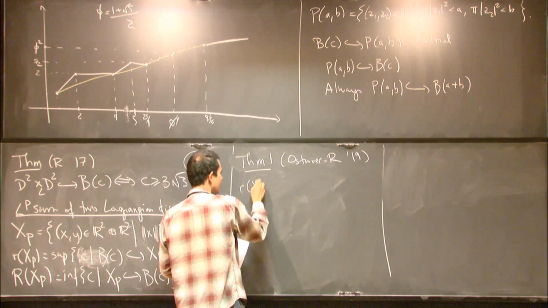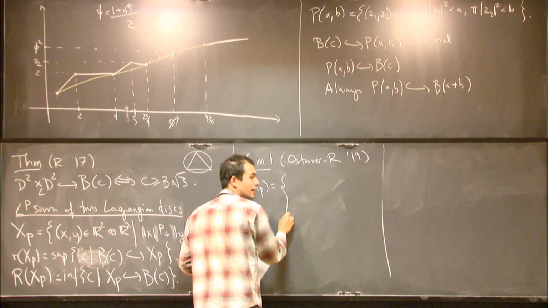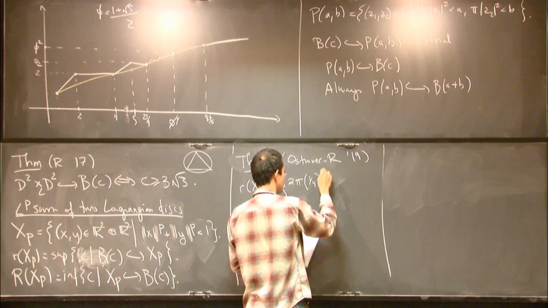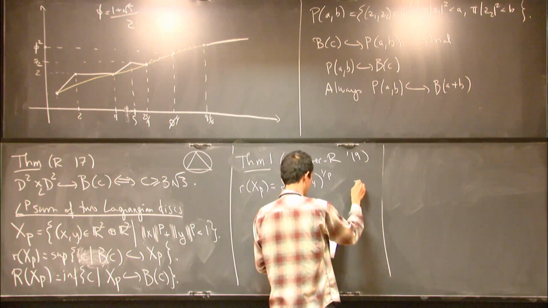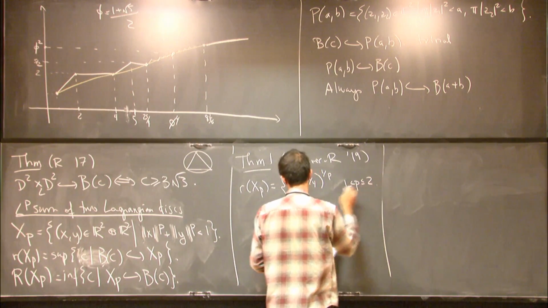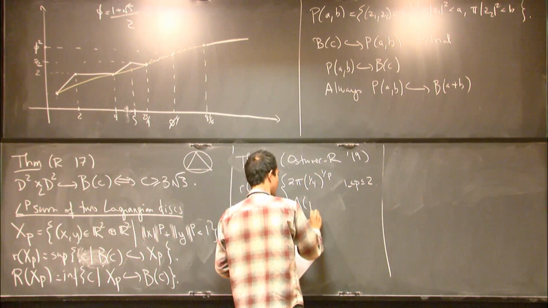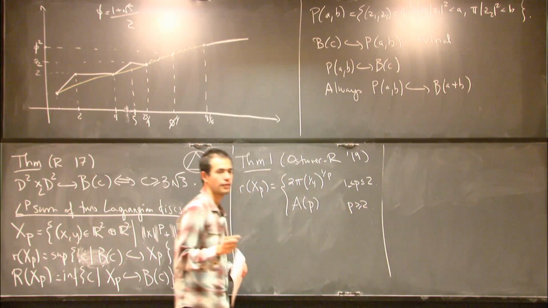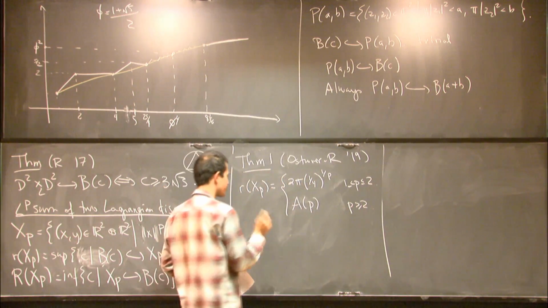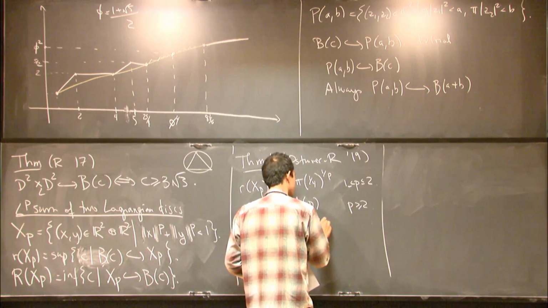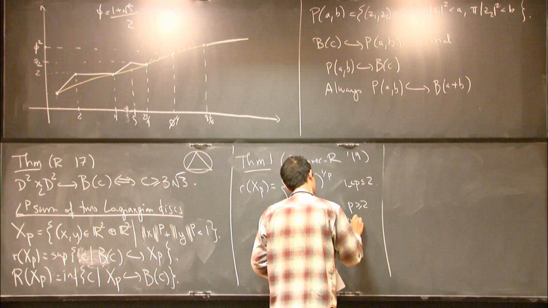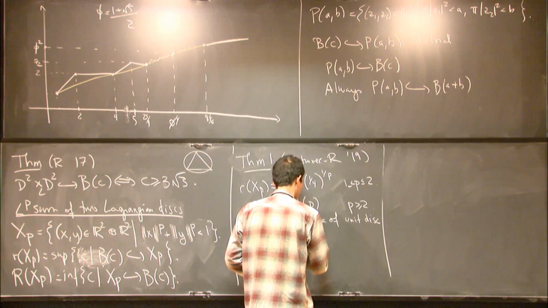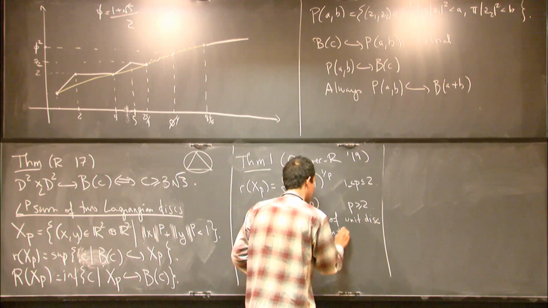is that little r of Xp is 2 pi times 1/4 to the 1 over p, if p is between 1 and 2, and A of p, if p is larger than or equal to 2, where A of p is the area of the unit disk in R2 in the Lp norm.